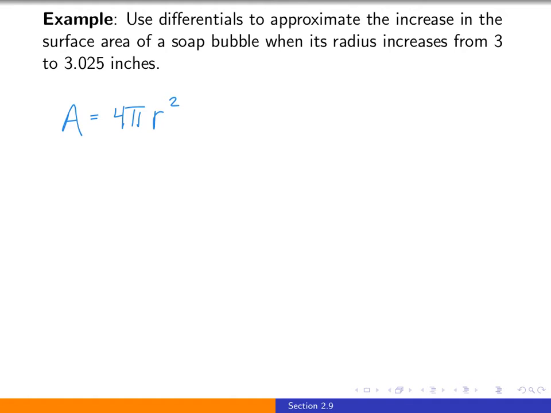And what we would like to do here, we're thinking of the A maybe as playing the role of y in that previous example, and r is playing the role of the x. So if we change the r value from 3 to 3.025, so we're thinking of r as being 3, and then dr is going to be our small change in r.